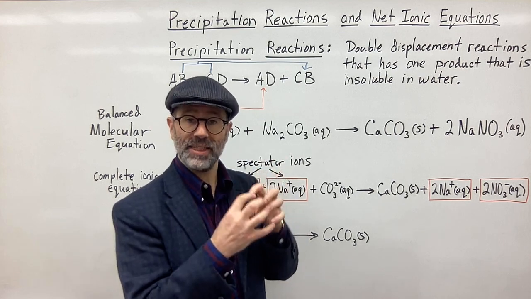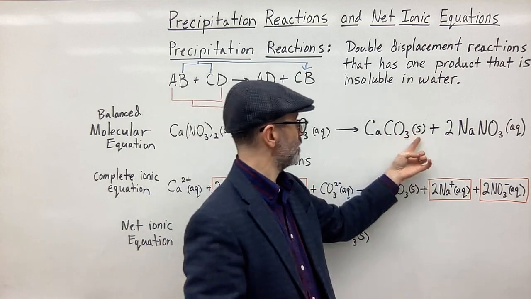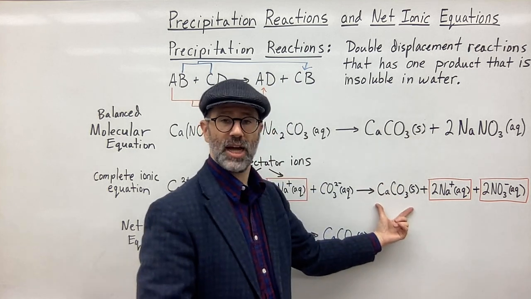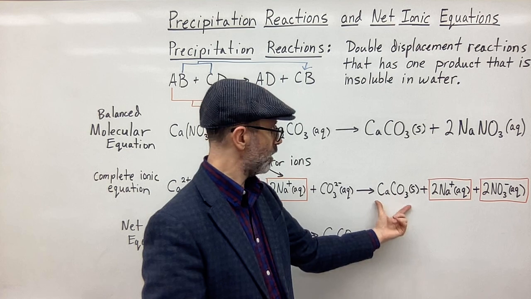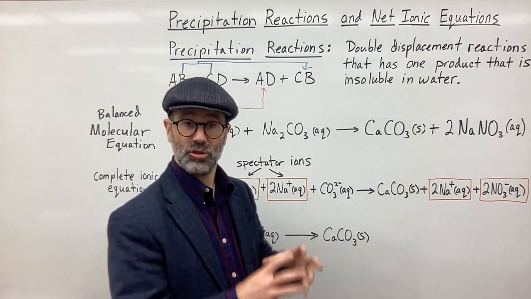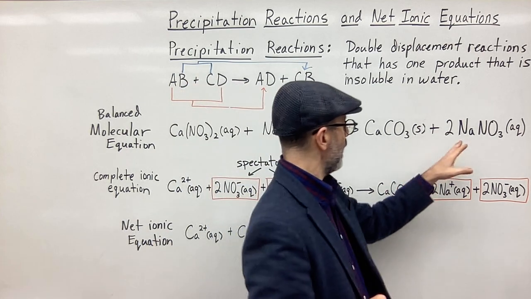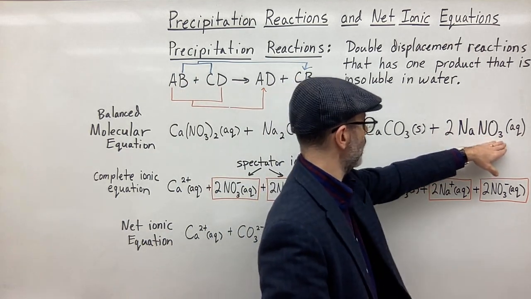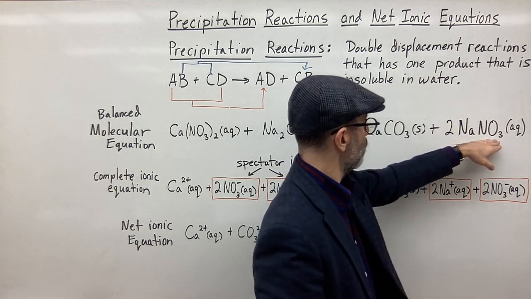They're actually together. So here, this is a solid. These stay together, so we keep them together here. So the calcium carbonate stays a solid here, and that matches really well with the picture that I drew. And then here, because this is aqueous, the sodium and the nitrates are separated from each other.